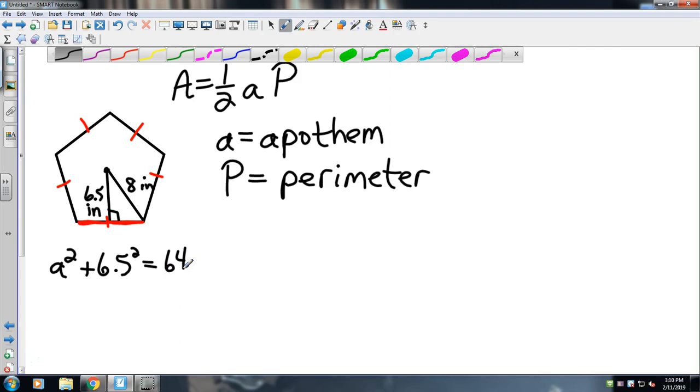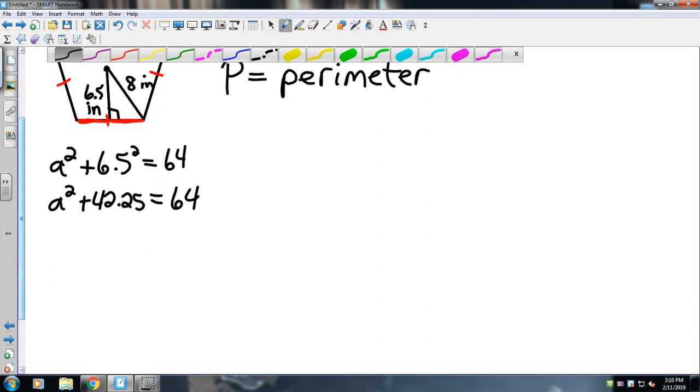And so let me search for my calculator. There it is. That's going to give me 6.5 quantity squared, that is 42.25. And so I'm going to subtract 42.25 from 64.